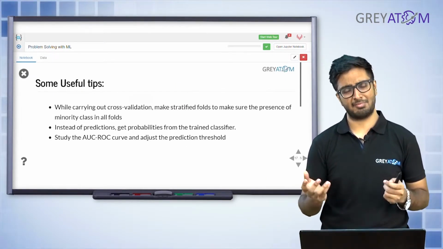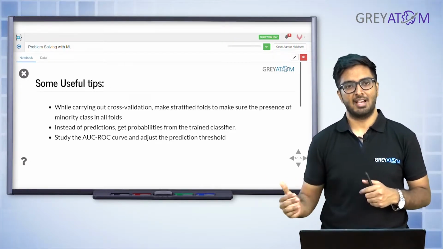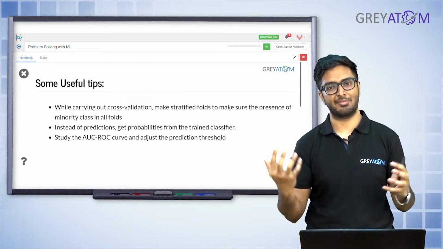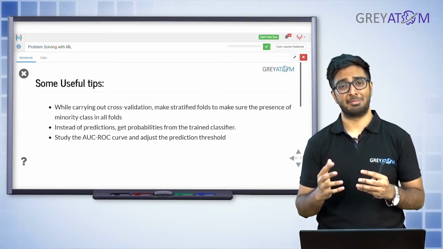The next tip is obviously: instead of predictions, get probabilities. I've probably been telling you this across all the lectures. The main reason I've been talking about AUC is that it's threshold independent.